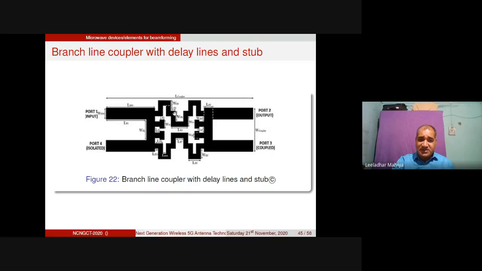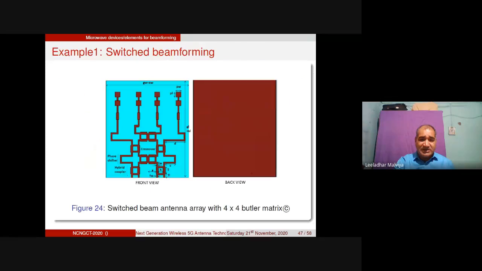So that a particular phase can be achieved in the Butler matrix, right? The phase shifter can be adjusted for a particular phase, and these lines also play the role of delay lines. So by using folding in the phase shifter, we can find the desired phase, right? But don't forget that the optimization will take a very long time in such designs.